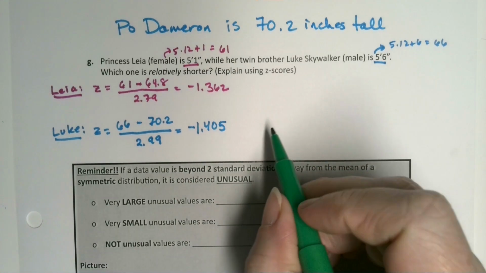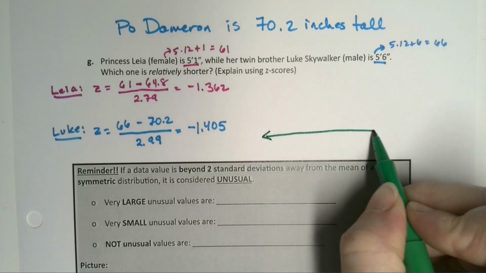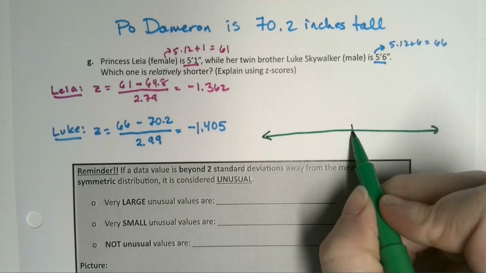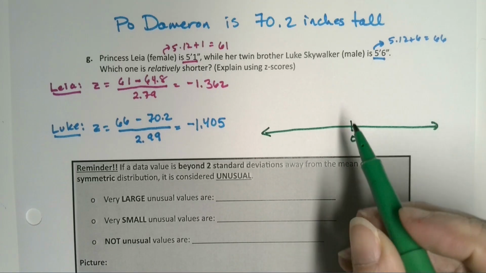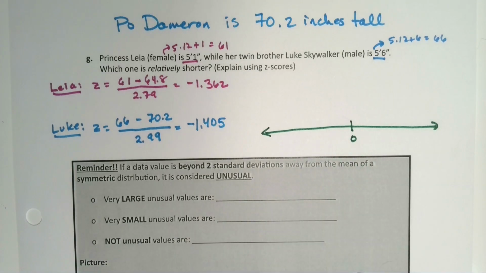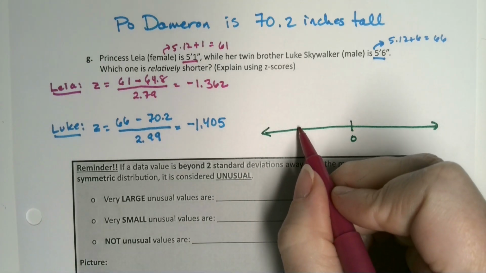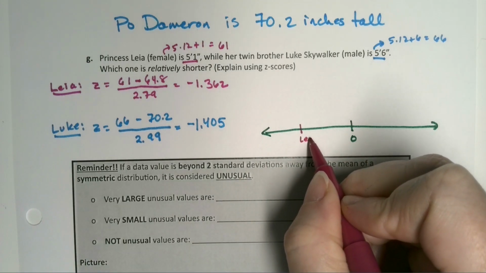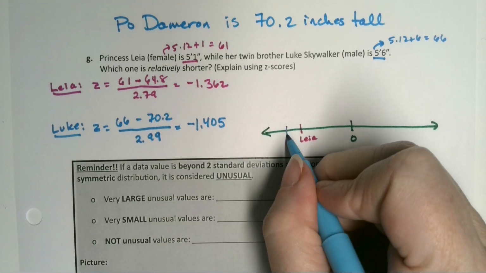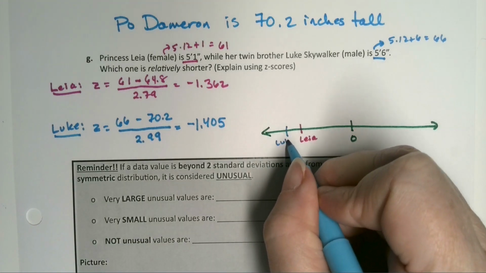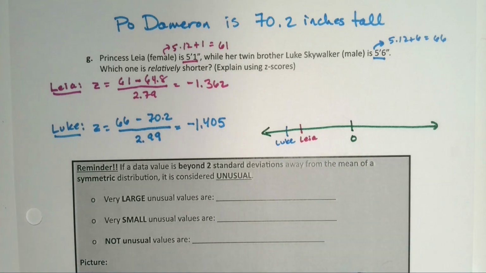In other words, if you think of it as a number line, here's 0 right here. So Poe Dameron's right there. If you look at Leia, Leia is over here at negative 1.362. But Luke is at negative 1.405. He's further to the left.